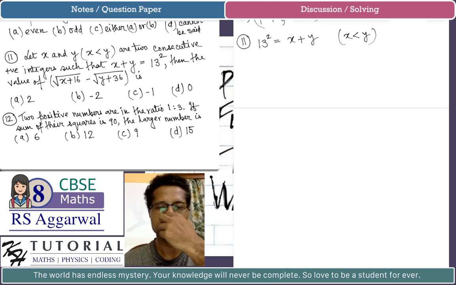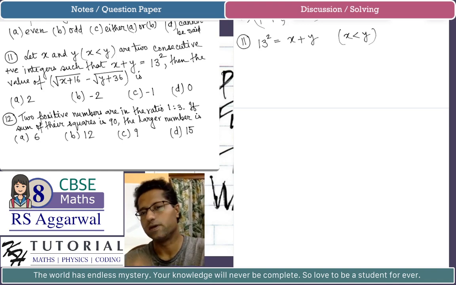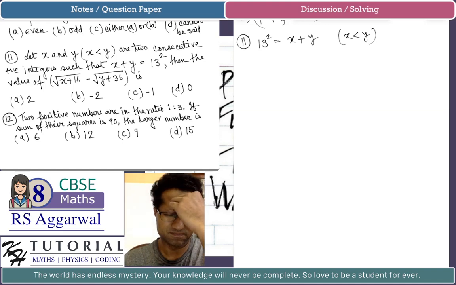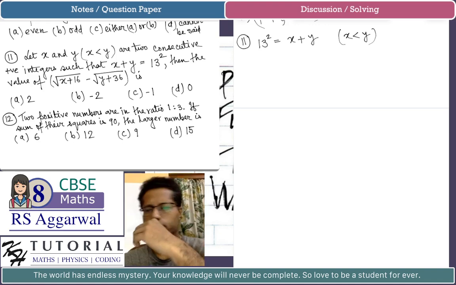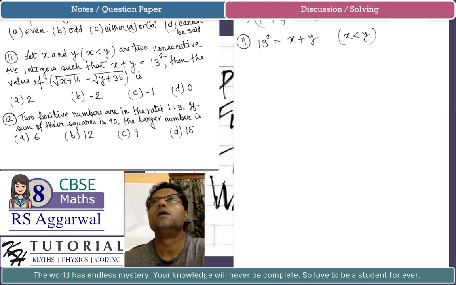Now there is a concept we have learned: the square of an odd integer can be expressed as the sum of two consecutive integers.